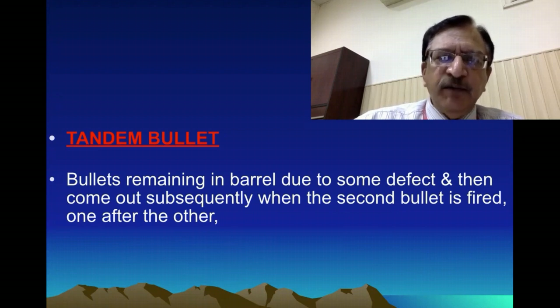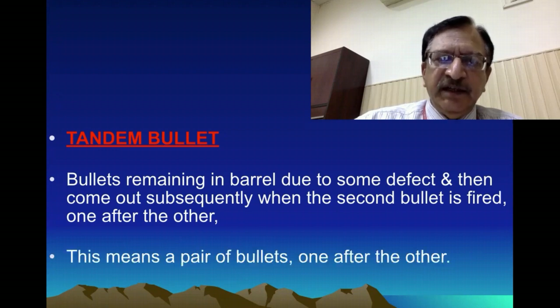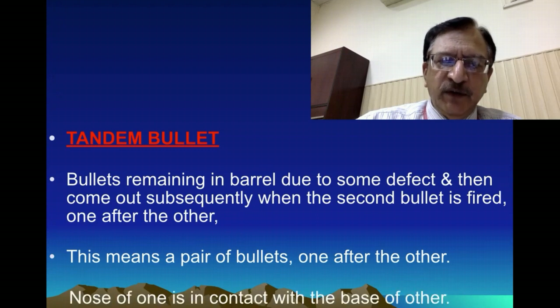And when the second bullet is fired, one after the other, this becomes a pair of bullets. The nose of the second bullet will be in contact with the base of the first bullet. So they are called tandem bullets, the pair of bullets traveling together.